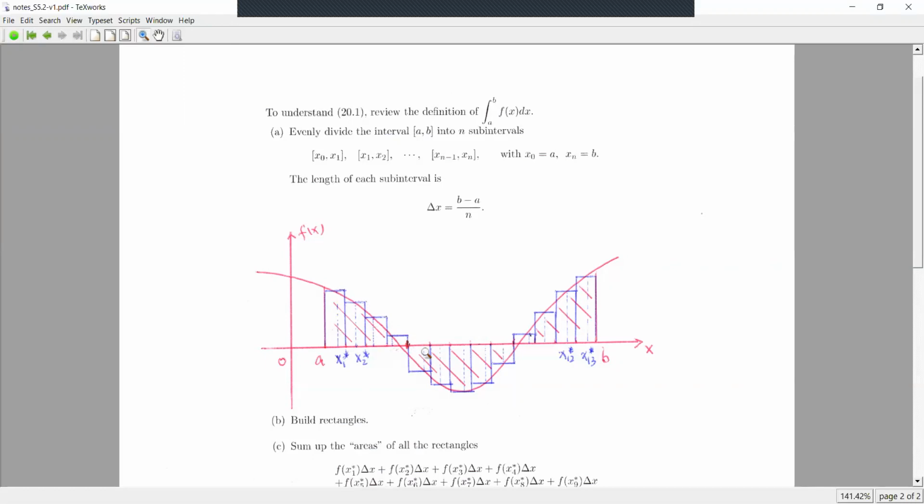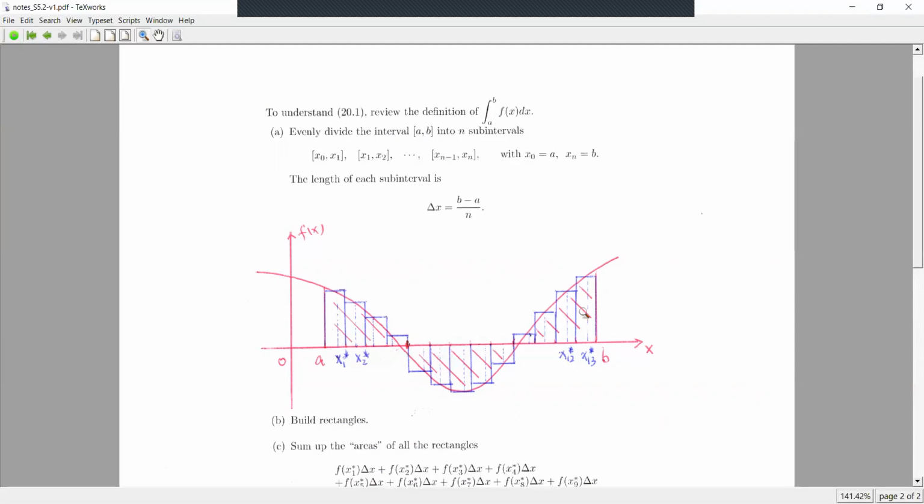Over the fifth subinterval, arbitrarily pick a point. Then use the function value at the point to build a rectangle. This time, because the function value is negative, the fifth rectangle lies below the x-axis. The sixth rectangle also lies below the x-axis because the function value at the point here is negative, so the height is negative, so below the x-axis.